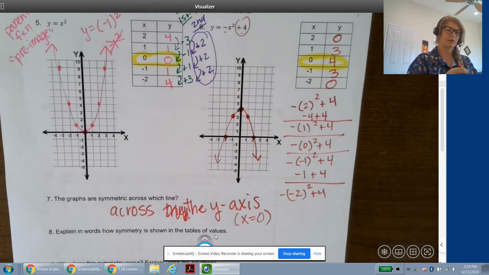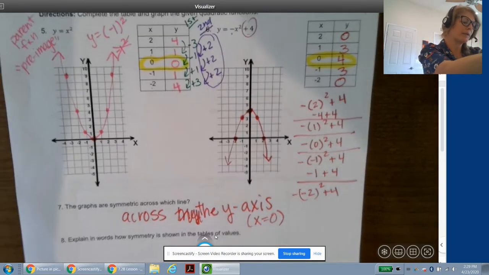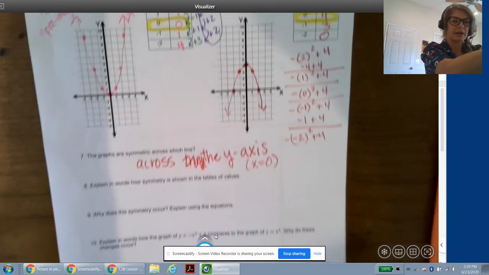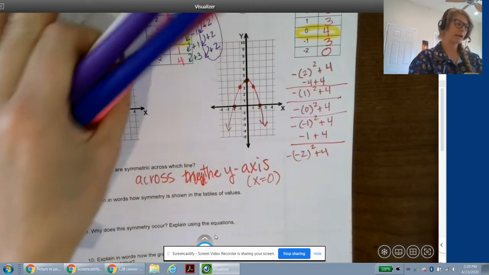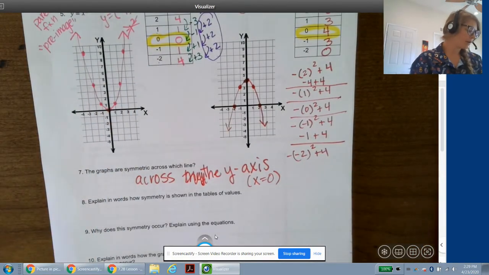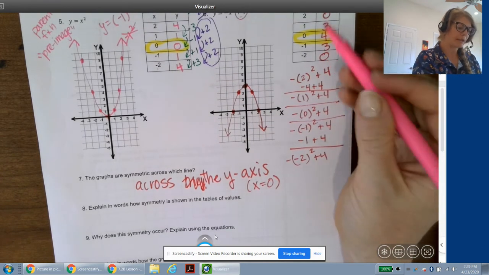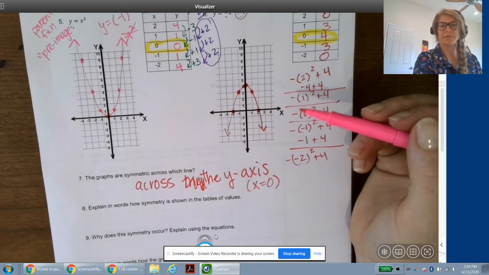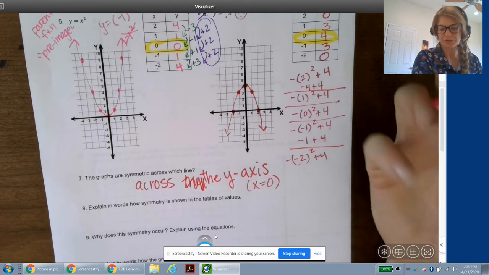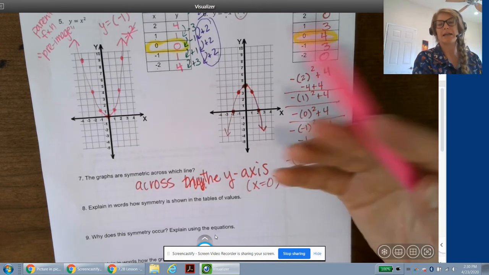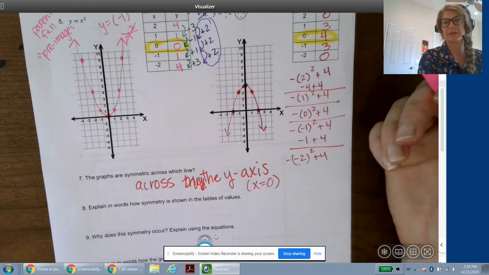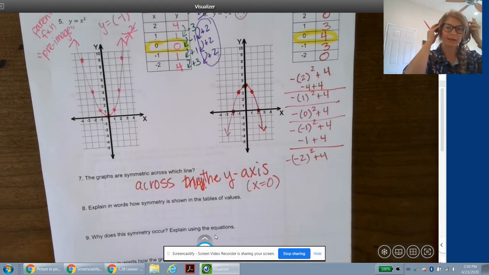If they're asking you for the equation of the line, they want to be very specific here and tell them exactly what they want. So explain in words how symmetry is shown in the table of values. This symmetry in the table of values happens because of the quadratic function containing x squared. And because any number and its opposite when squared have the same output or the same value.